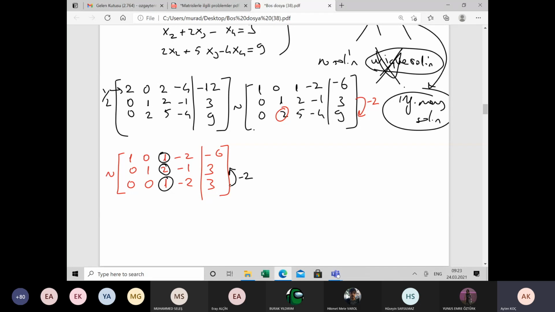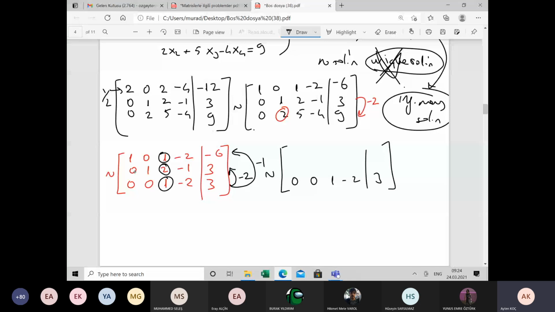Next, take the last row, multiply by -1, and add to the first row. The last row stays the same: 0, 0, 1, -2, 3. Apply the operations, please. The second row becomes 0, 1, 0, 3, -3, and the first row becomes 1, 0, 0, 0, 0.